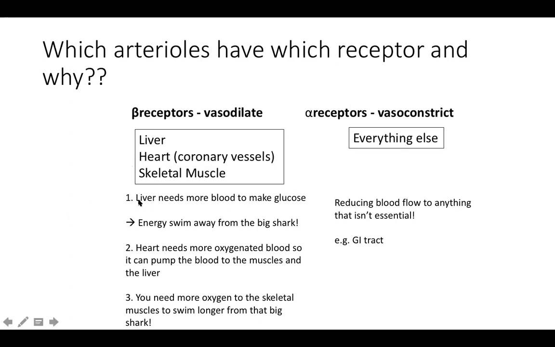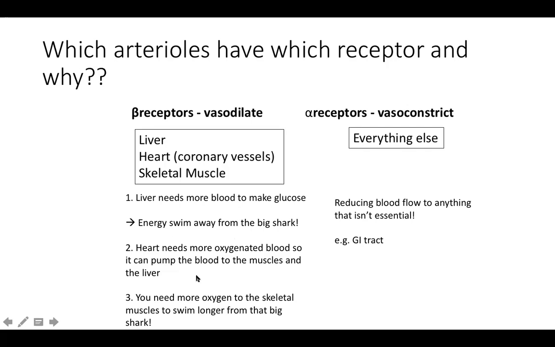So the liver will get more blood flow so that it can actually make more glucose and carry more glucose to the areas of the body that need energy for the fight or flight response, so that you can swim away from the shark. The heart needs more oxygenated blood so that it can pump more blood to the muscles that need to work to get away from the shark.